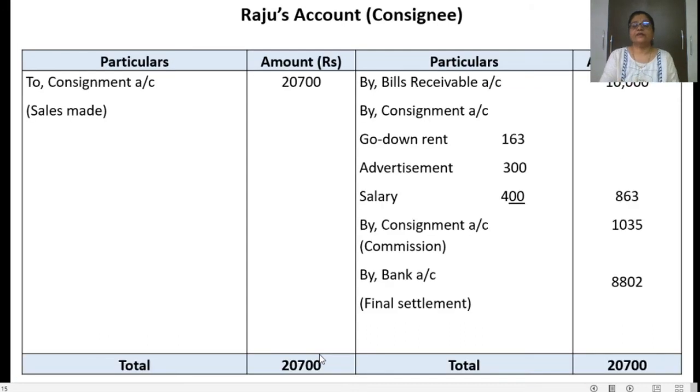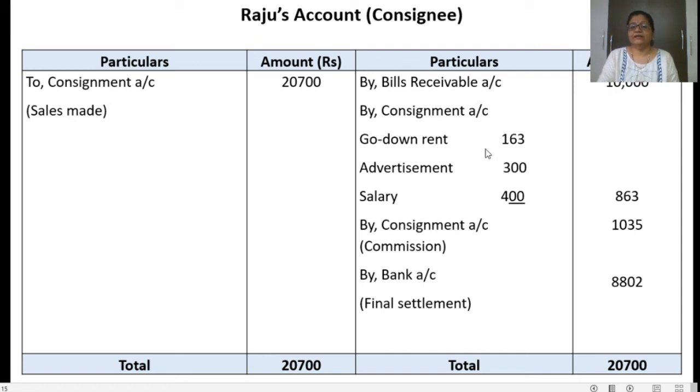Okay. Now you are going to prepare a consignee account. In that, first you have to write to consignment account for the sale made by him, 20,700. Here on the debit side he has accepted bills, so 10,000.